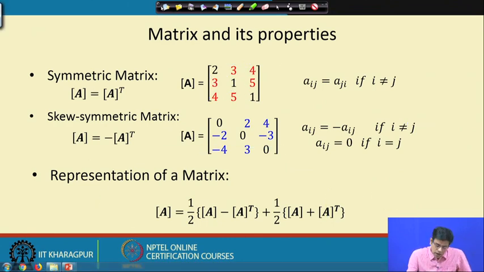Okay. Then we will go for the symmetric matrix. Since we have defined transpose, we can now define the symmetric matrix. If for a matrix A, A transpose is A, then we say the matrix is a symmetric matrix. That means the off diagonal elements are the same.